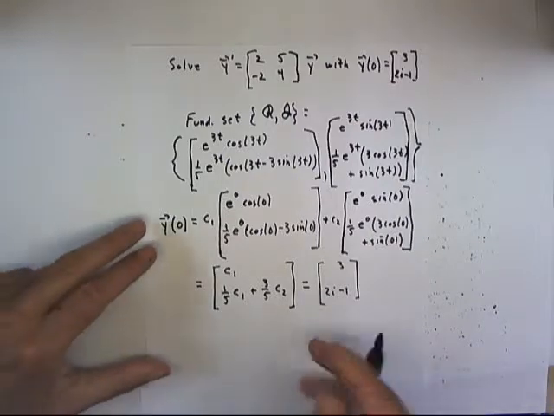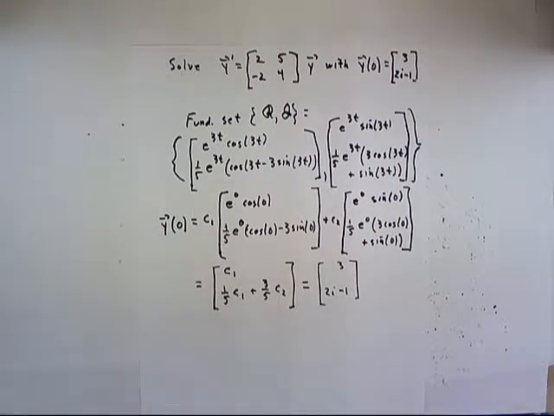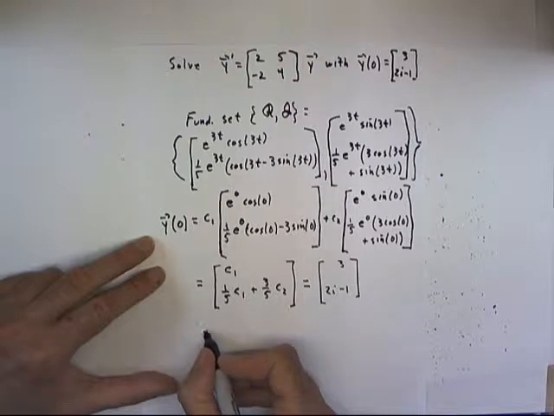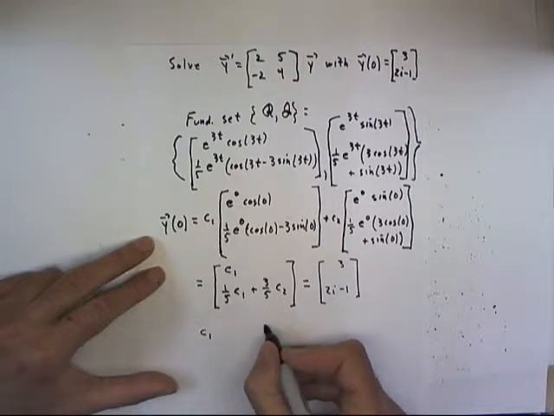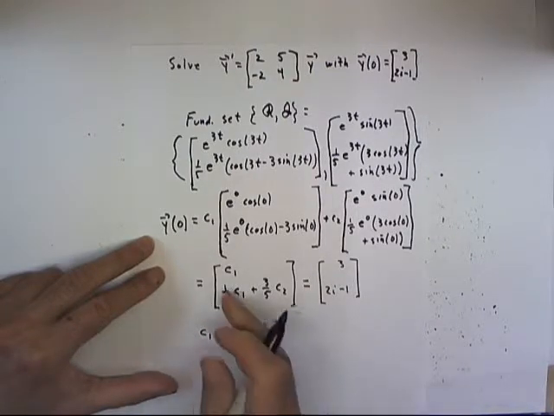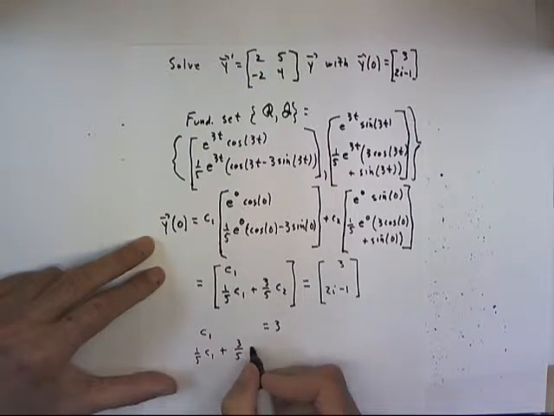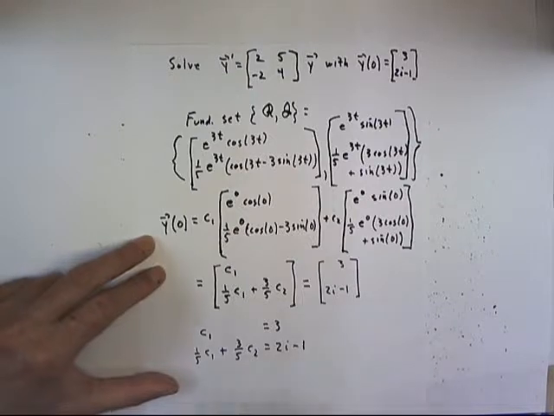Well, this leads to a set of simultaneous equations. We could write this as a matrix equation, invert the matrix, etc. Or we can simply write down the system of equations, and I'm going to choose the latter. We get c1 equals 3, which makes it fairly easy to solve for c1, and 1/5 c1 plus 3/5 c2 equals 2i minus 1.